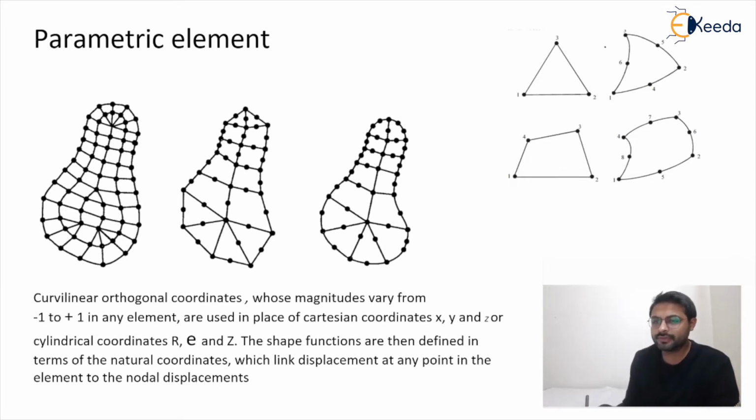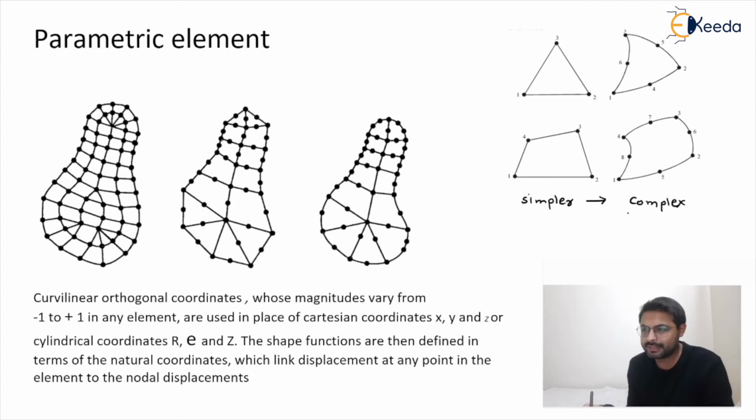Here in this figure also you can see the normal simpler elements can be replaced by a complex element. As the complexity increases, we have to go for the natural coordinate system, and give the relation between natural coordinates and the local coordinate system for a single element, which we have seen in the previous lectures.